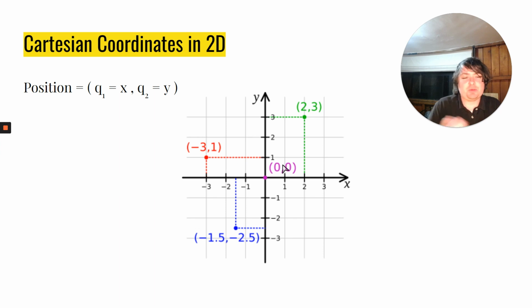And in this case, it would be of order 1 magnitude. So you can easily, from here, just use x and y for the position. The origin is 0, 0. This red point is minus 3 x and positive 1 y. And positive 2 x, positive 3 y is green here, and so on. So it's very easy to map out.